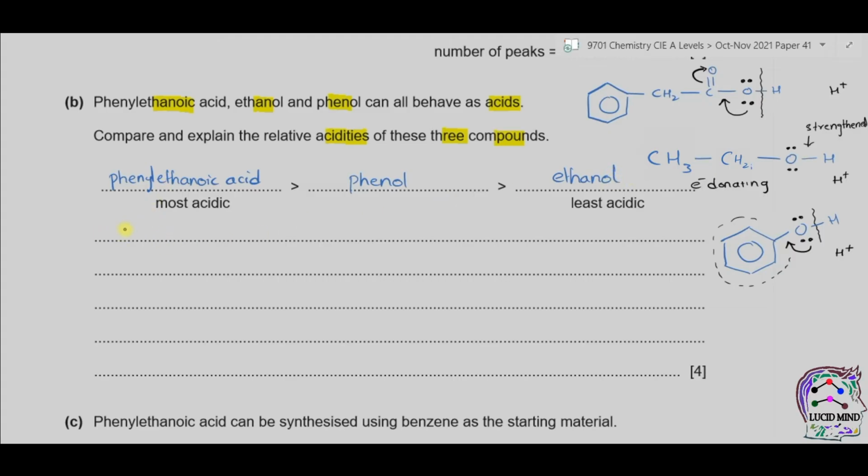For phenyl ethanoic acid, we can say that the negative inductive electron withdrawing effect of this carbonyl bond weakens the OH bond.